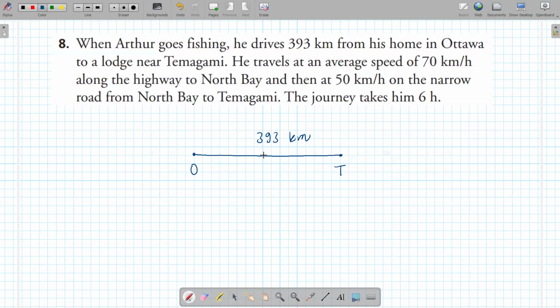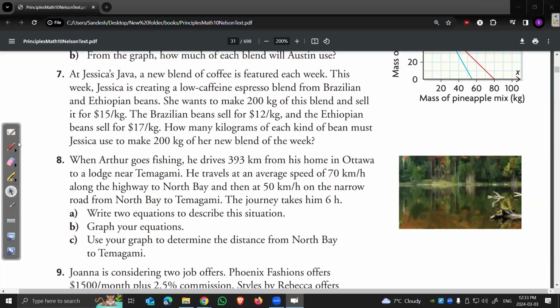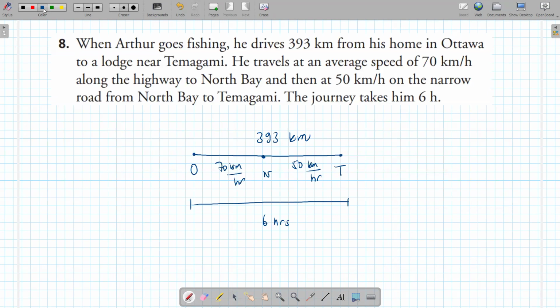He goes from O to N first at a speed of 70 kilometers per hour, and then from North Bay to T at 50 kilometers per hour. The total time it takes him is 6 hours. The question is, what's the distance from North Bay to Temagami?